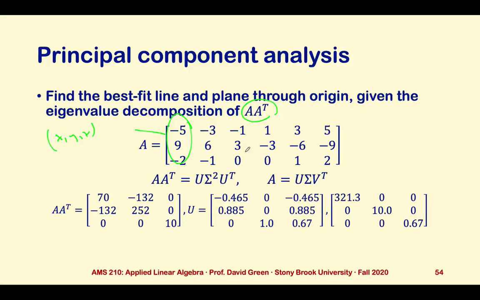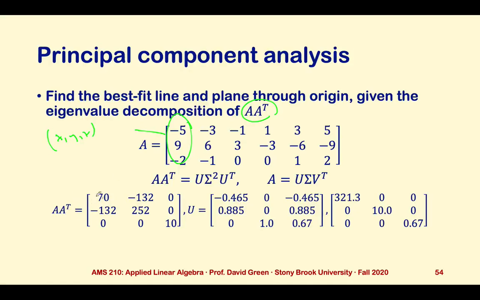So we are given, in this case, this AA transpose and its decomposition. AA transpose has to be a symmetric matrix. Remember, this is really the first step in doing the singular value decomposition. We compute A transpose A or AA transpose to get singular values.